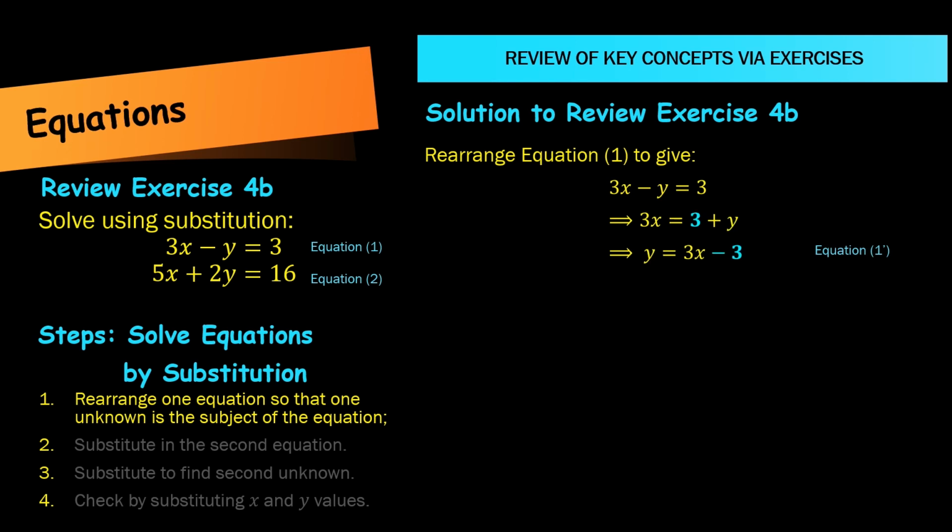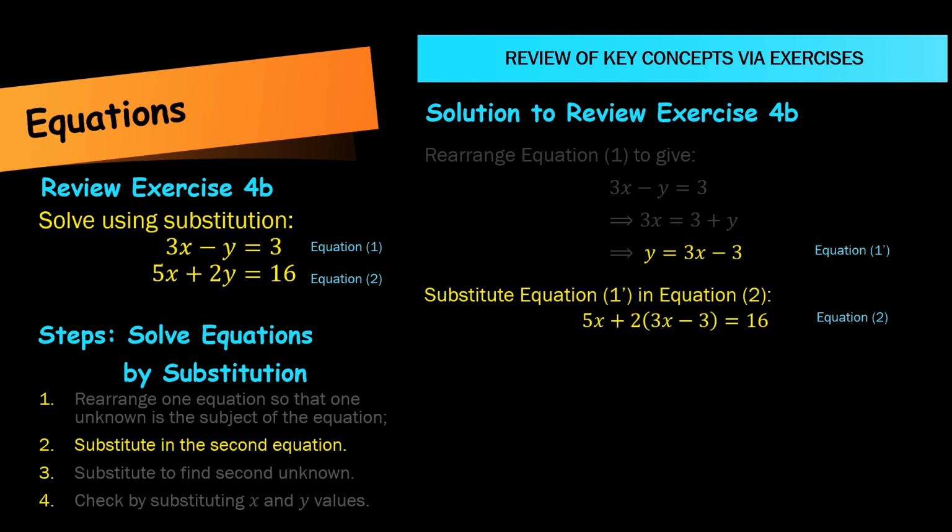Next, substitute the new equation 1 dash in equation 2. So equation 2 was 5x plus 2 times y equals 16, and where we have the y, we substitute 3x minus 3, as shown. Rearranging and expanding the brackets gives 2 times 3x is 6x, and 2 times minus 3 is minus 6.